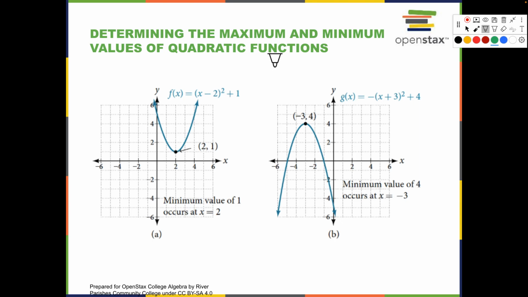Okay. Maximum and minimums come directly from the vertex. So the location of the vertex gives you the location of where the minimum or maximums occur, and the y value gives you the value of either the minimum or the value of the maximum.